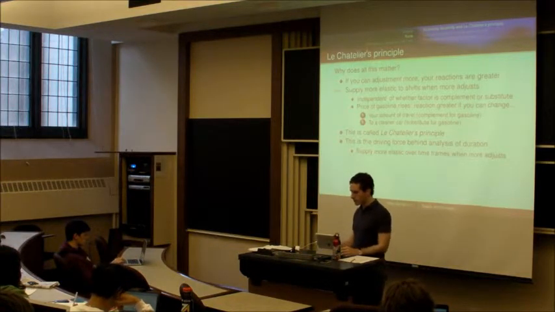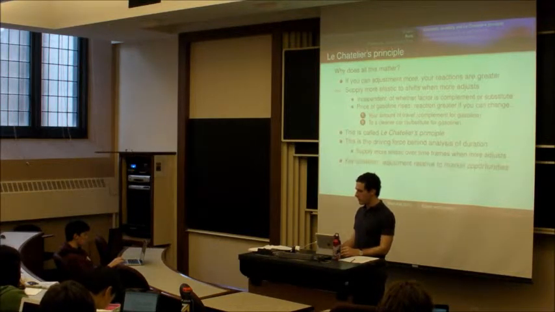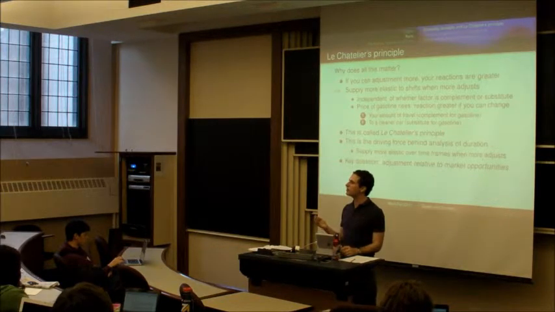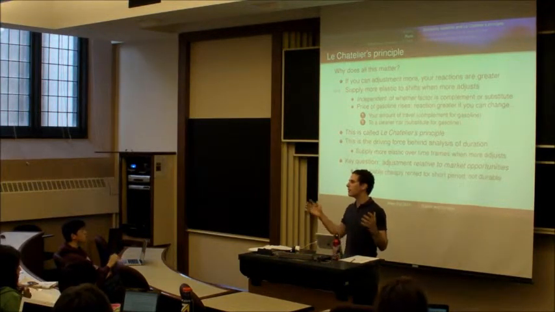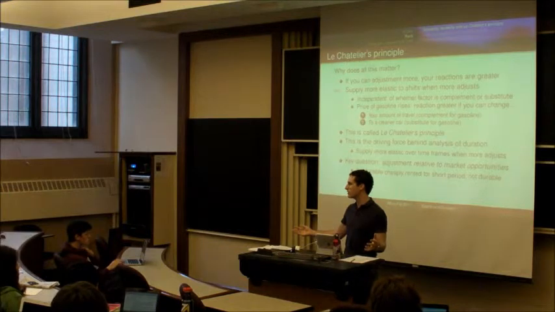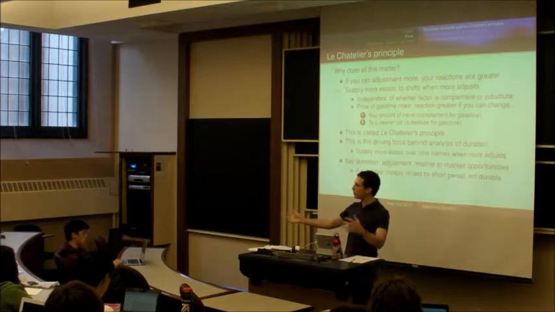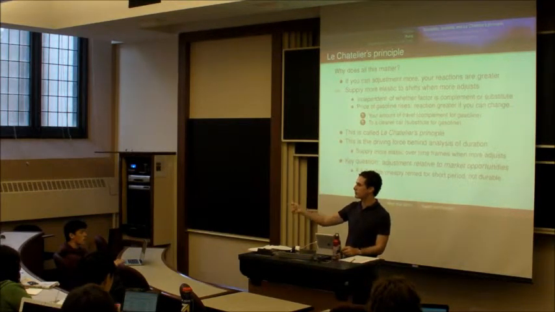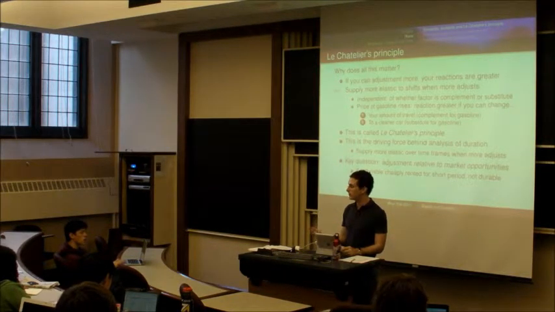So supply is going to be more elastic over time frames when more adjusts. And the key question is what things you can adjust relative to the market. So remember that I said that there's no problem having a big old factory if you can rent it for a single day, right? It's only if you're forced to keep that factory and you can't immediately resell it for just as much as you bought it for that it's actually durable from your perspective, right?